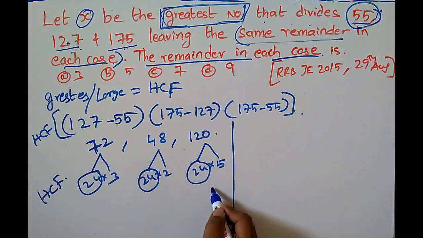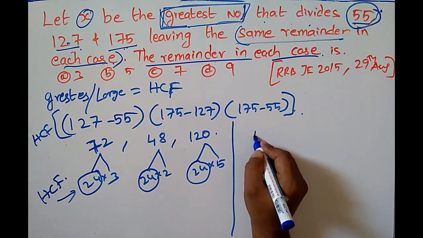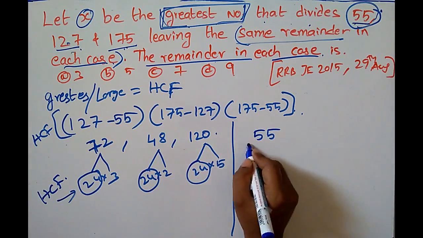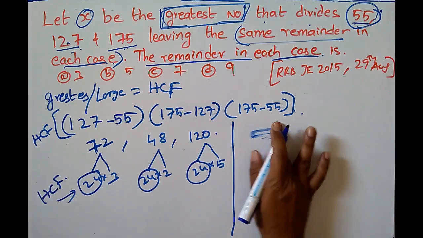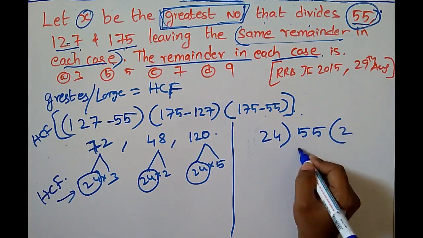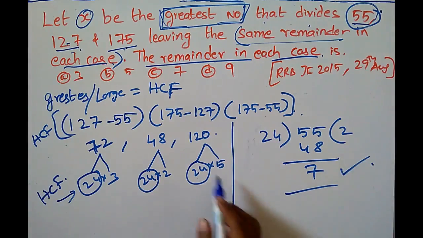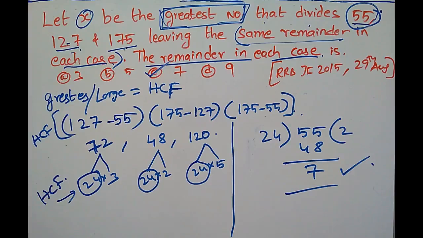This type of multiplication and finding the HCF you will get with practice, friends. Only with practice you can easily find the HCF. By taking the first number 55, I am going to divide with 24, 48 and here the remainder is 7. That's what we have to find.